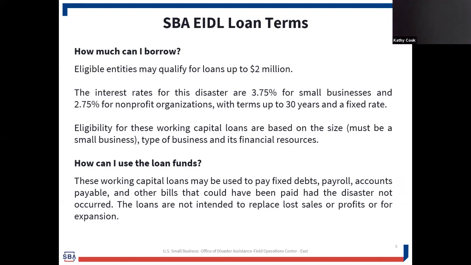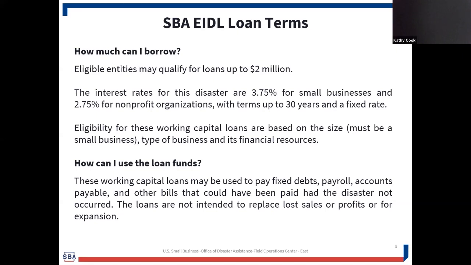The businesses are eligible for this rate, and the interest accrues when the funds are dispersed. This is simple interest, so it's even better than you can get at a bank. If you're a nonprofit organization, the interest rate is 2.75%. And if we need to stretch the loan out as far as 30 years to make it affordable, we can do that.